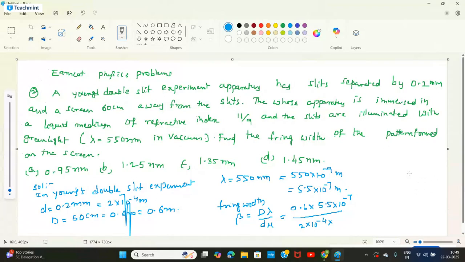In the problem, refractive index is given that 11 by 9. That is 11 by 9. And cancelling, we get simplification.